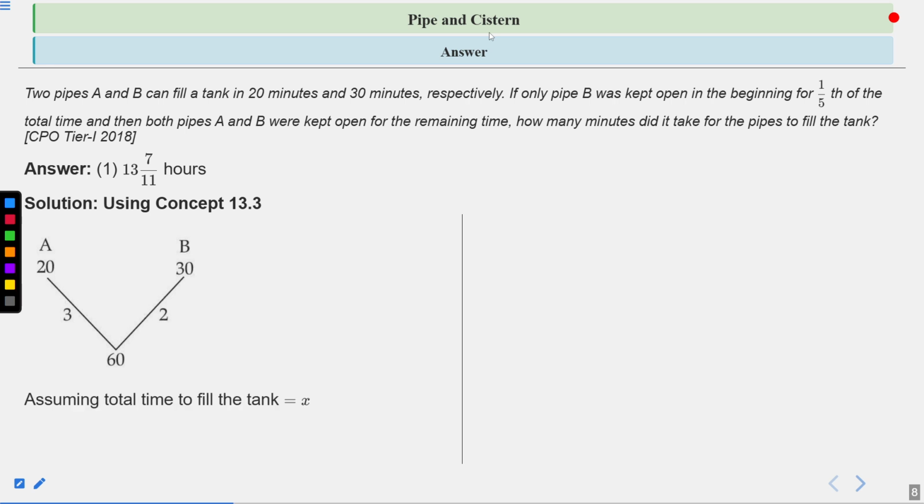So assuming the total time to fill the tank is X hours, according to the question, X by 5 multiplied by 2, because the efficiency of B is 2 and it works first. First it works for X upon 5 hours with the efficiency of 2, plus X minus X upon 5, this is the time, multiplied by 3 plus 2, combined, they work together, which equals 60 units.